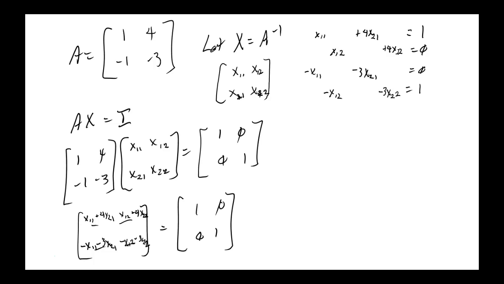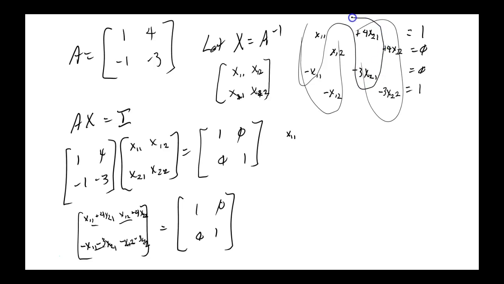Okay. Now, actually, these two right here are one system of equations, and these two are another system. So I probably should have written it that way. No, I said it wrong.